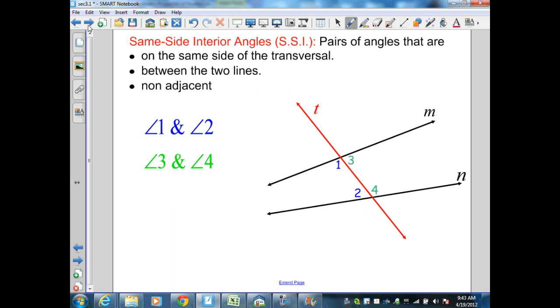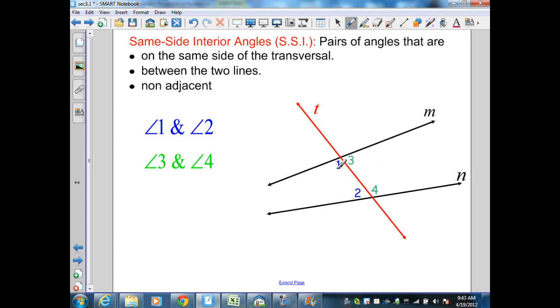Our next pair is same side interior angles. The same side will probably deal with the transversal. Interior means in between the two lines. So let's take a look at same side interior angles. These are pairs of angles that are on the same side of the transversal. 1 and 2 are on the same side, 3 and 4 are on the same side. They're between the two lines.